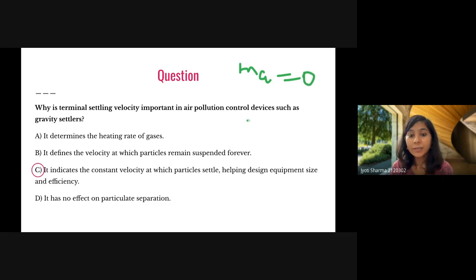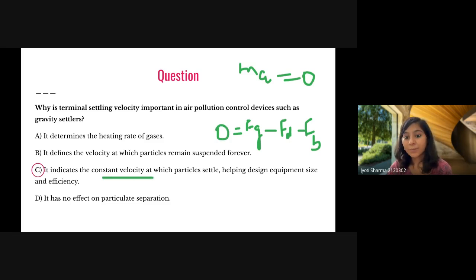Then we will have Fg, and then Fd, the drag force, and Fb, with minus signs, and this will be equal to 0, because the acceleration is 0, because velocity is constant. And from there we know that this is mg.